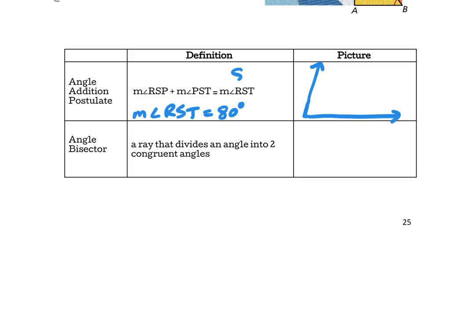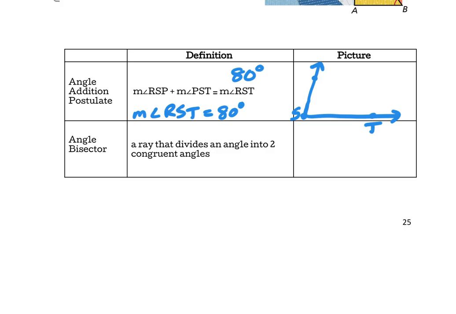Okay, I'm going to put that into this statement right here. RST is 80 degrees. I'm going to label this picture. And that's that angle right there. Okay, you could put an 80 on the inside, but I'm not going to do that quite yet.